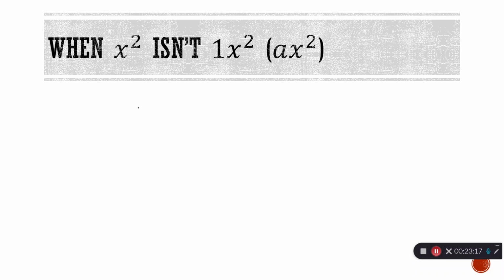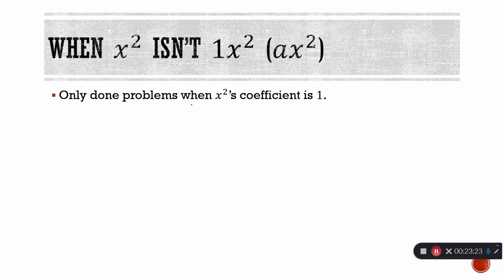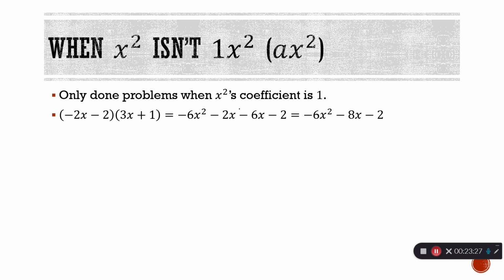Now, what happens when the coefficient of x squared isn't 1? This is an example from the beginning. Negative 6 is definitely not a coefficient of 1.